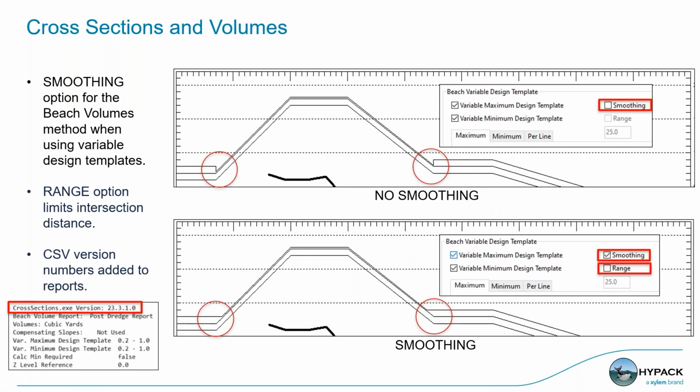The cross sections and volumes: we made some changes about a year ago to the beach volumes calculation methods. Basically it's the variable design template, where between each segment you can specify a minimum and maximum design template, so it'll calculate above and below the design template.